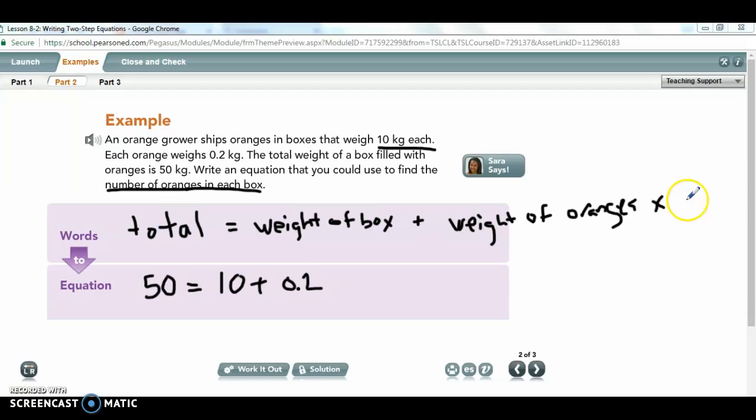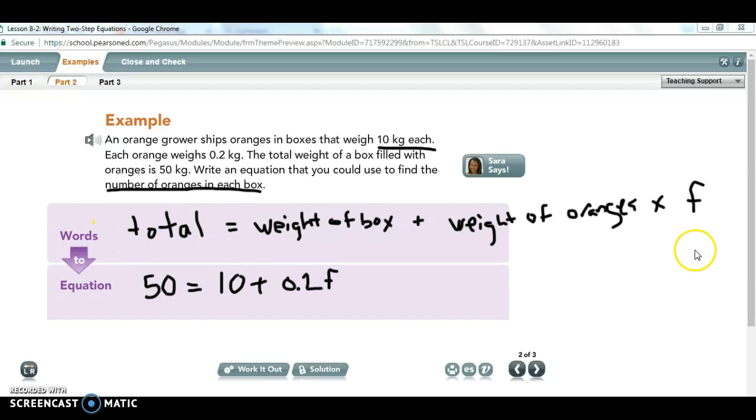The weight of each orange, which I'm not going to put a 0, I'm going to put an F for fruit. So the weight of each orange is going to be multiplied by the number of oranges that you have. So down here, I could either write times F, or I could just write F, because 0.2F means 0.2 times F. So I just did these two together at the same time.